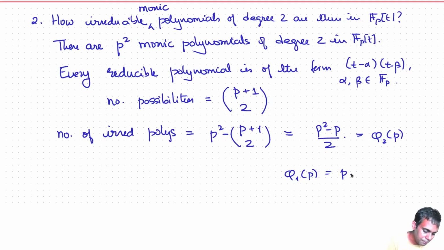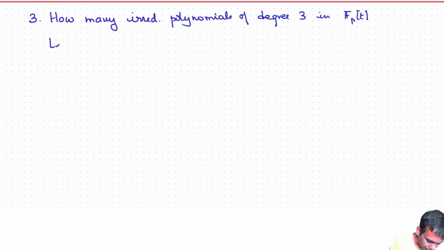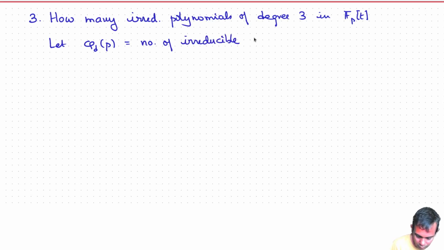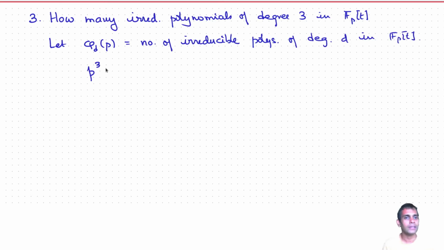And phi 3p is, so let phi d p be the number of irreducible polynomials of degree d in F_p[t]. So what we get is p cubed is the total number of monic polynomials of degree 3.